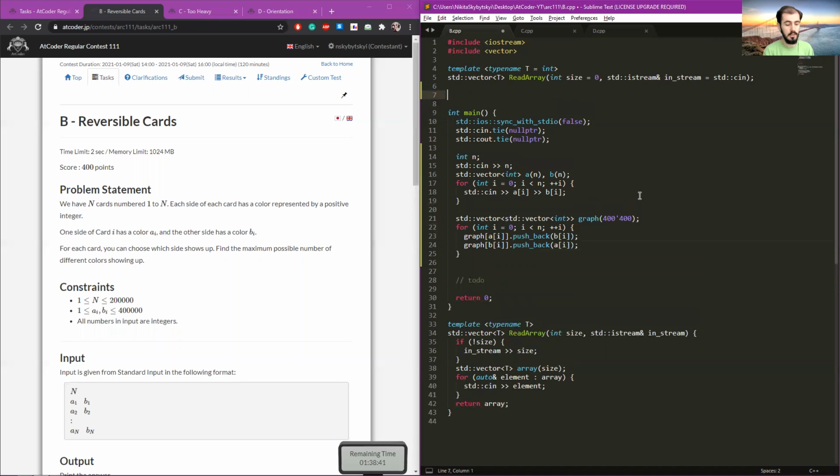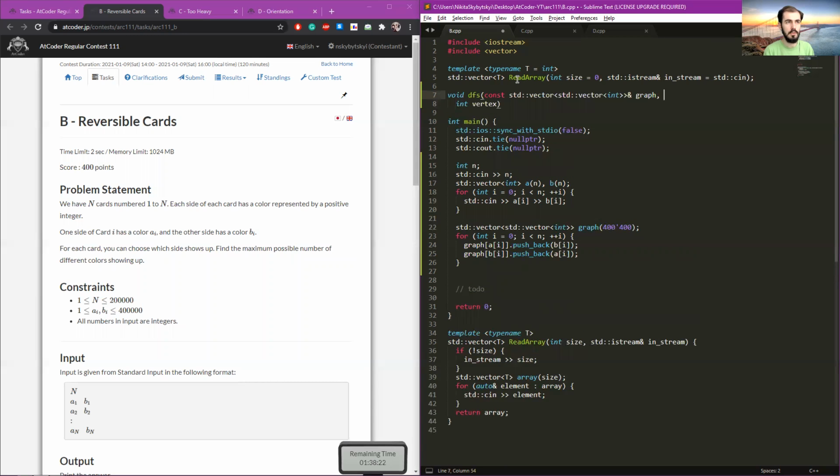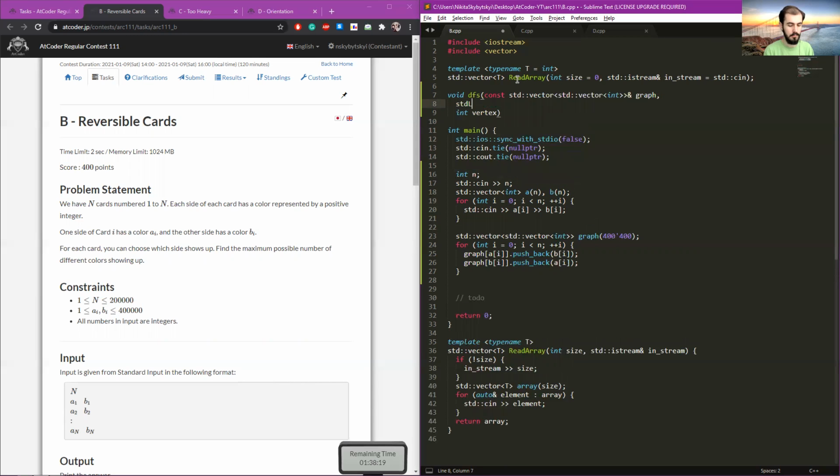Yeah, but okay, let's write our DFS for connected components, I guess. We want the graph, the current vertex. I also want a reference to visited or whatever.